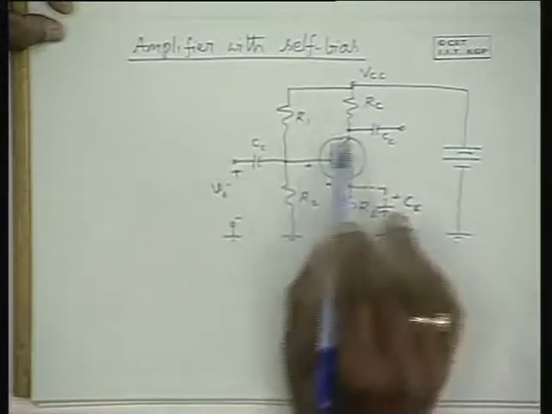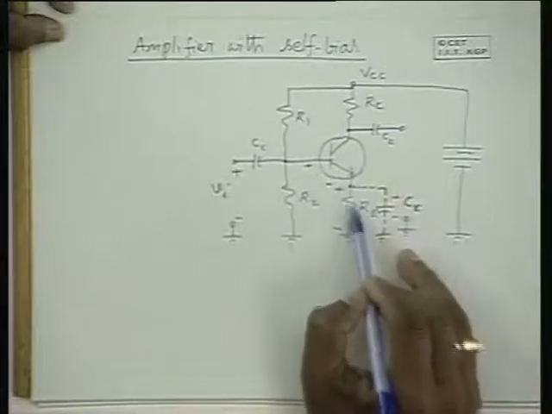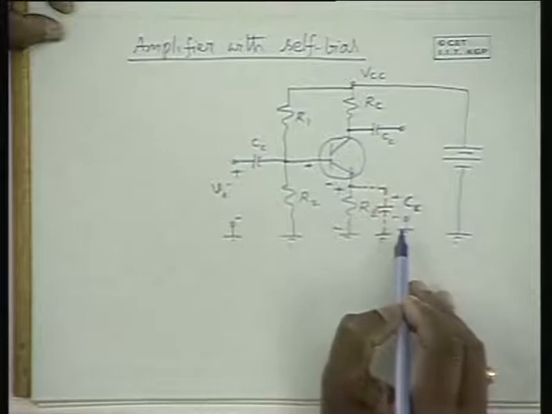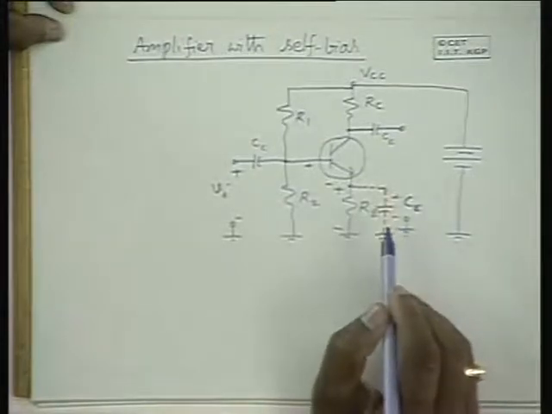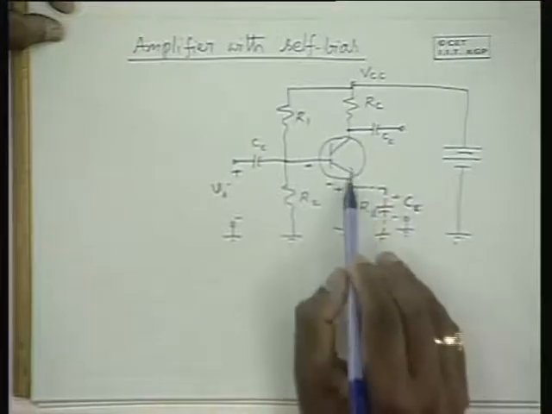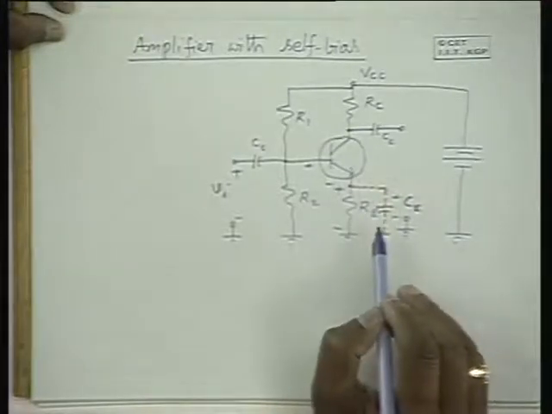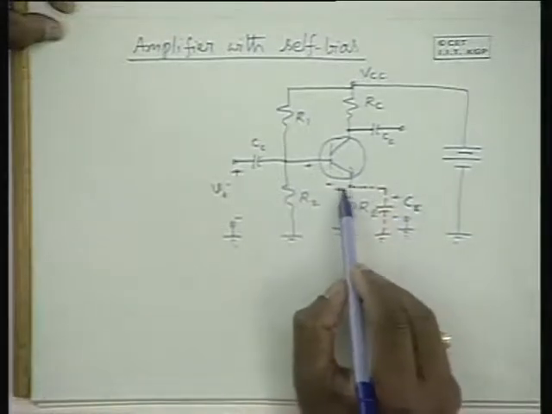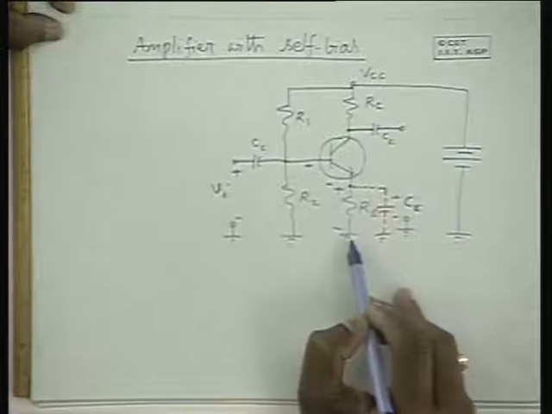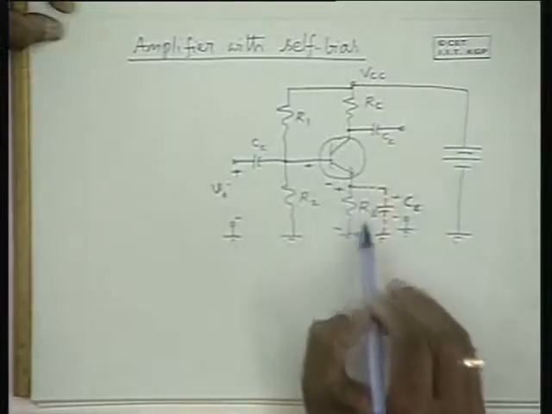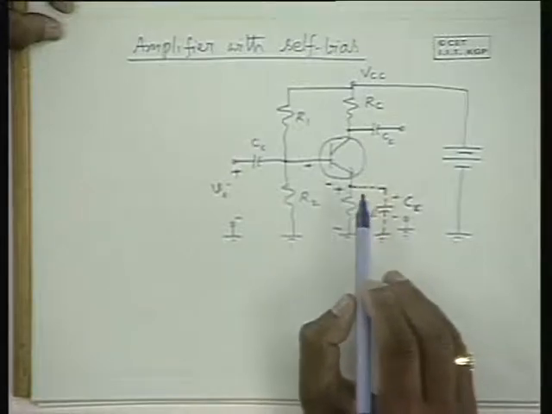So even when an alternating signal is applied, its voltage doesn't change much if C is very large. That is the reason why it acts like a short circuit as far as the alternating signal is concerned. With alternating current driving through this, the voltage doesn't vary. That RE into IE, the DC IE, is maintained at a fixed level.